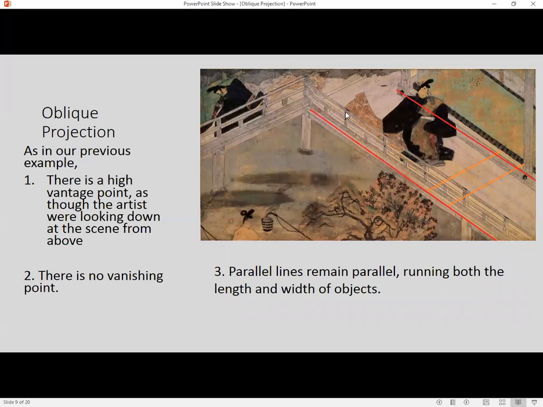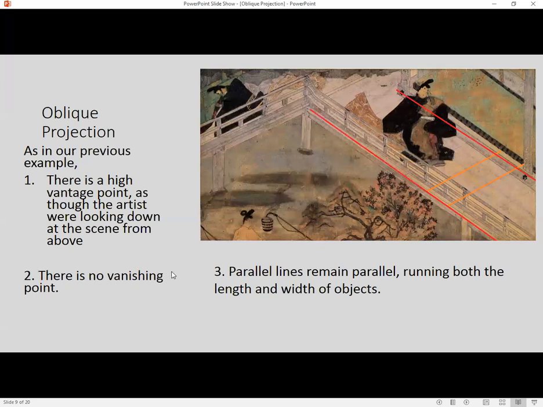And these red lines that run along the length, they remain parallel. They don't get closer together the further away we are. And there's the same amount of space between those parallel lines. We look at the lines. These are little segments of this walkway. We draw lines on those. Those lines that run along the width of that object remain parallel, don't get closer together, don't converge upon one another, and there's no vanishing point.